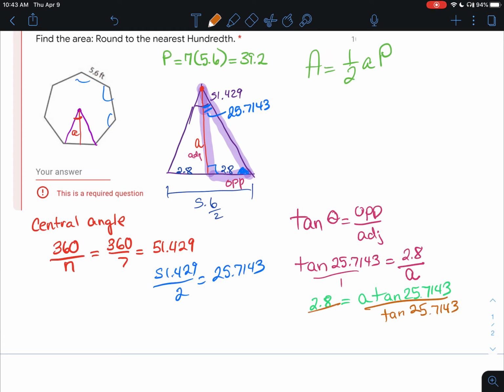There we go. Now we can plug that into the calculator and we get A equals a beautiful number. Not really, it's very ugly actually: 5.8143.